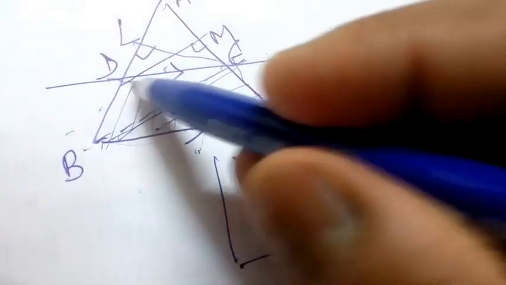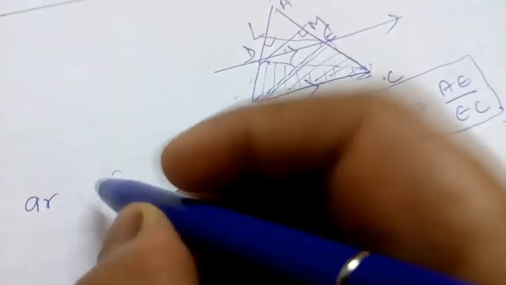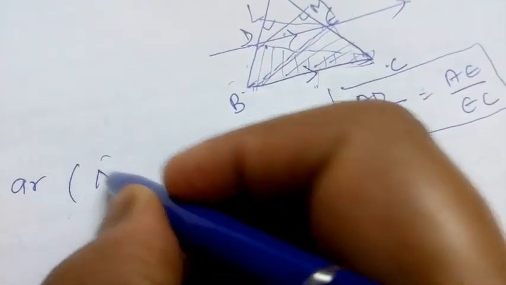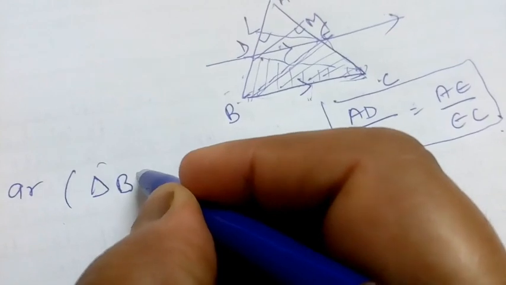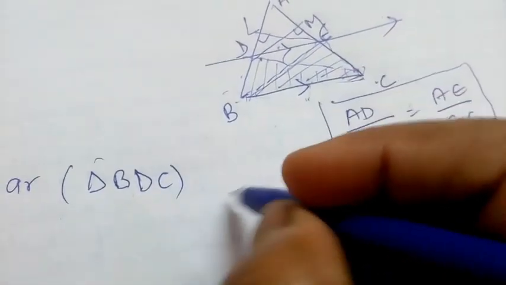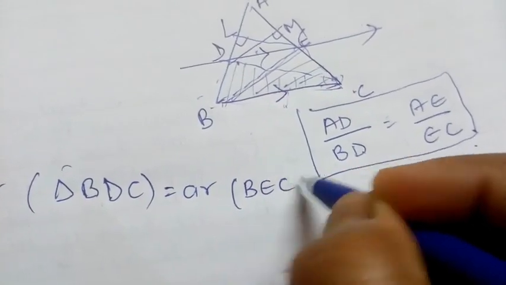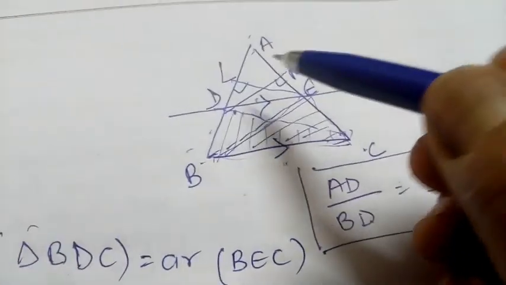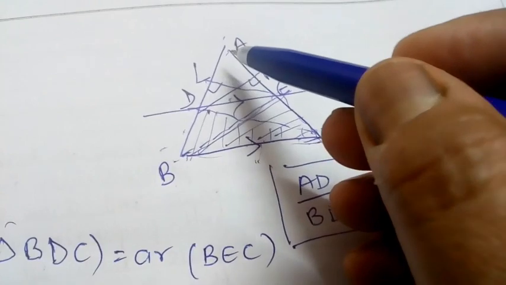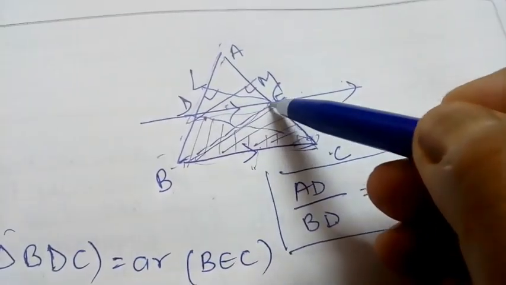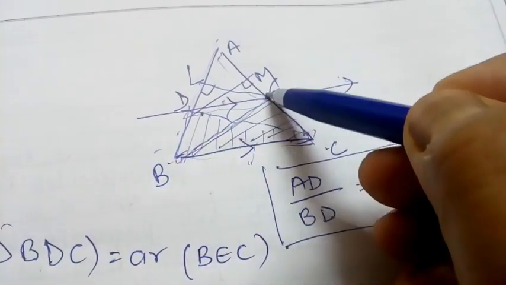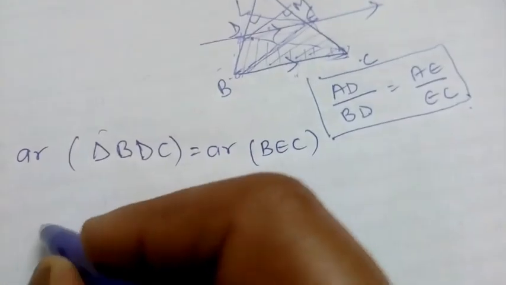Area of triangle BDC equals area of triangle BEC. This is the first equation.